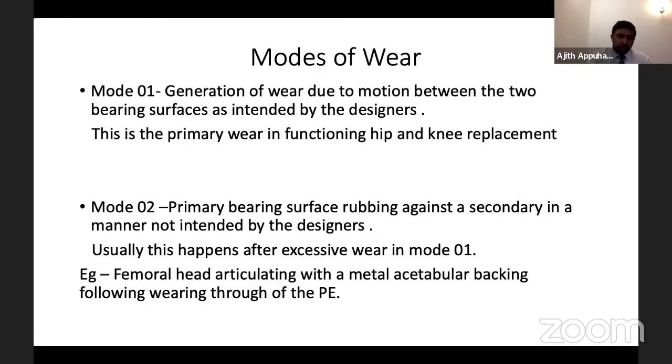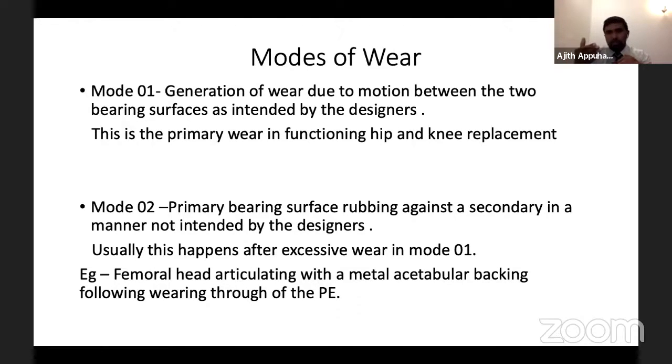Okay, now I'm getting to a very important area, that's the modes of wear. There are 4 modes you need to know. Mode 1 is the generation of wear due to motion of 2 primary articular surfaces, that means 2 bearing surfaces as intended by the designer.